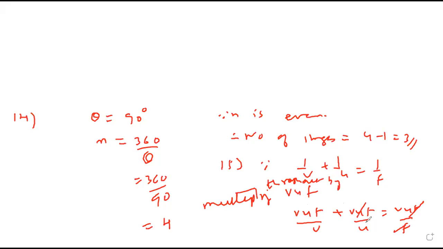The f cancels, u cancels, v cancels. So uf plus vf equals vu, which is nothing but option D.